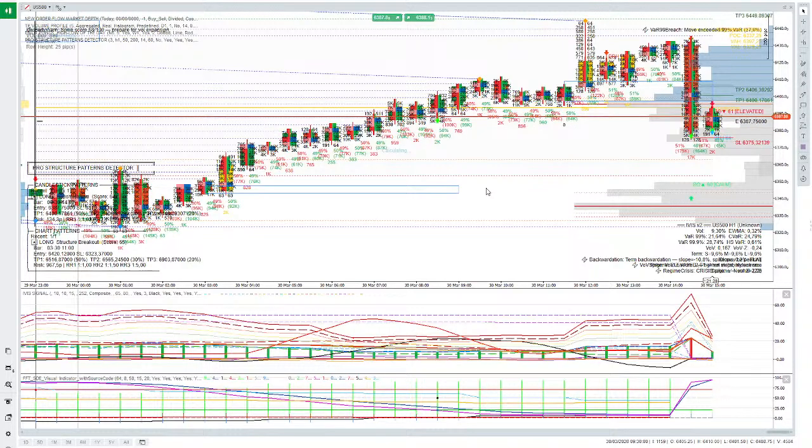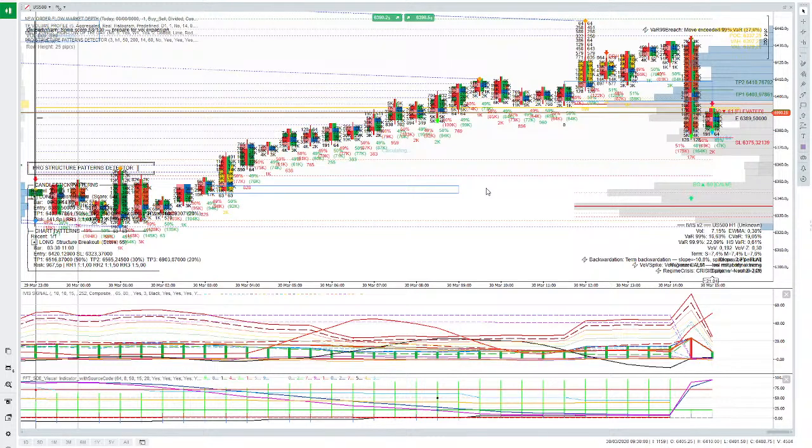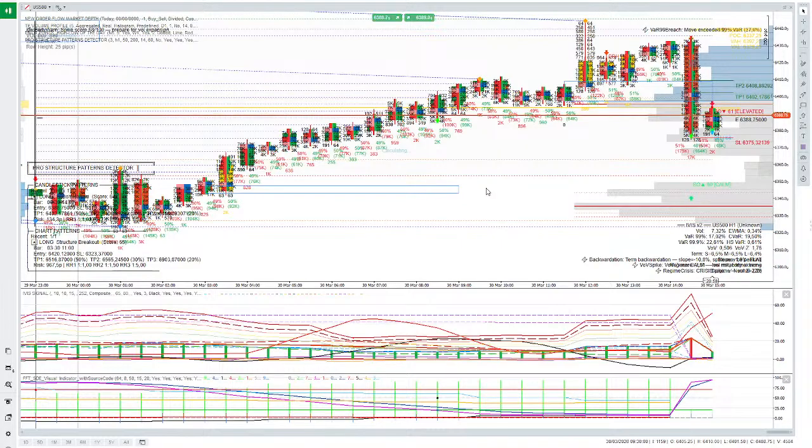What do we have here? We have an order block, which basically went for the high value area outside the point of control value area.